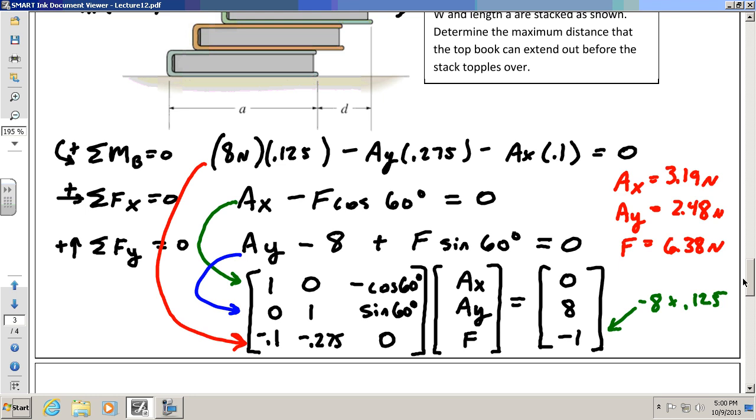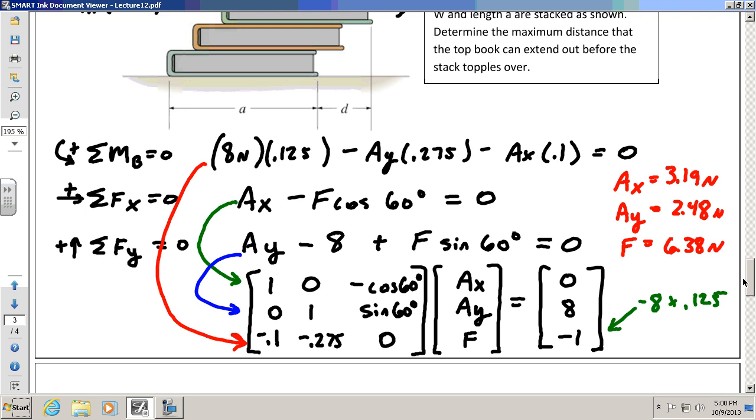It's minus 0.1 times AX, minus 0.275 times AY, and there's no F in the top equation, so it's 0. And this minus 1 comes from the fact that on the top equation I have 8 times 0.125.